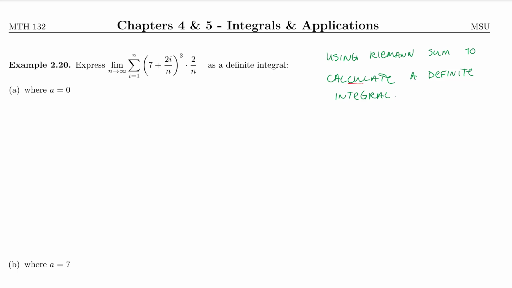Now we can use Riemann sums to actually calculate a definite integral by using n going to infinity number of rectangles. So if we use an infinite number of rectangles in our Riemann sum, we'll be able to calculate the area exactly.